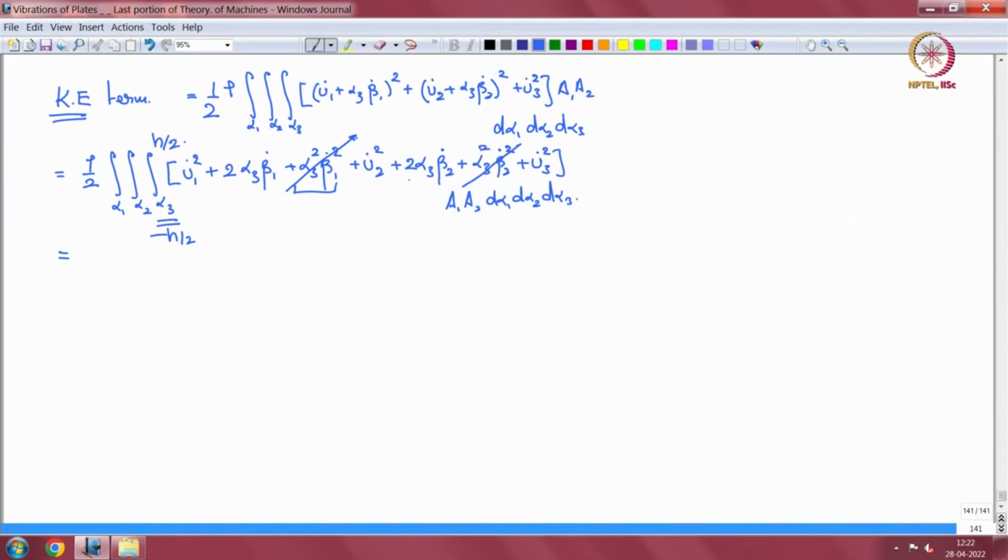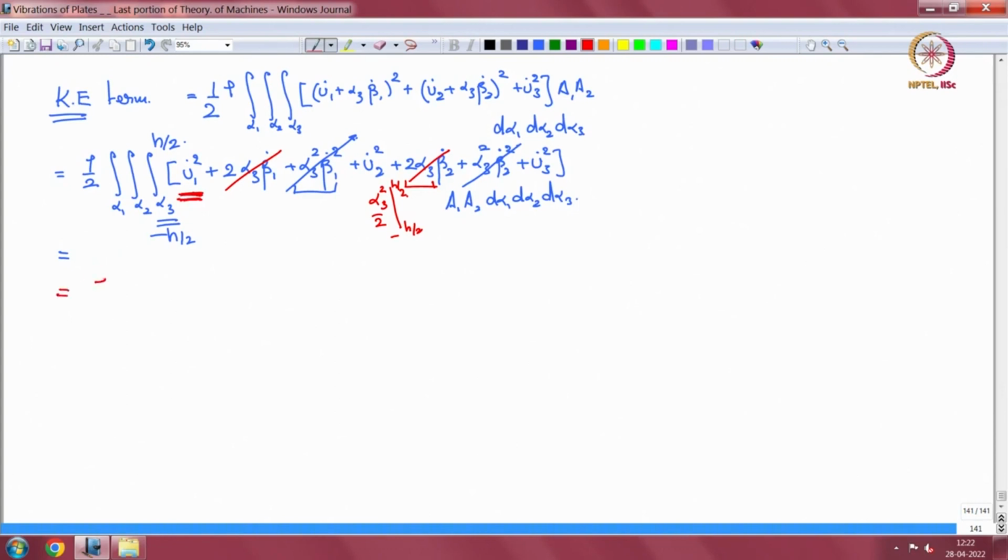And if alpha 3 is integrated from minus h by 2 to h by 2, you get alpha 3 square by 2 over minus h by 2 to h by 2, and that goes to 0 because of the square term. So this also goes. We are left with the term which has no coefficient alpha 3, so the integral gives an h.